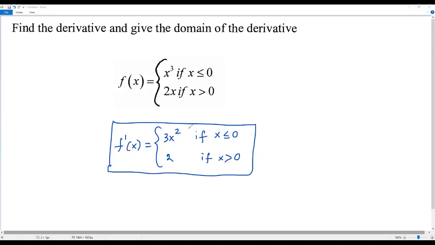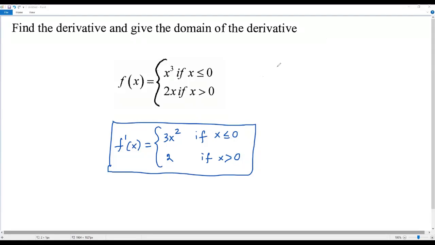Okay, and apart from that, whenever we have a piecewise function like this, apart from the stuff we have checked so far, we have to check whether the derivative is defined for this particular value over here. This is a transition value, so we have to check whether f prime of x is defined. For that, I have to check the left side limit and right side limit of 0 because it's a piecewise function.